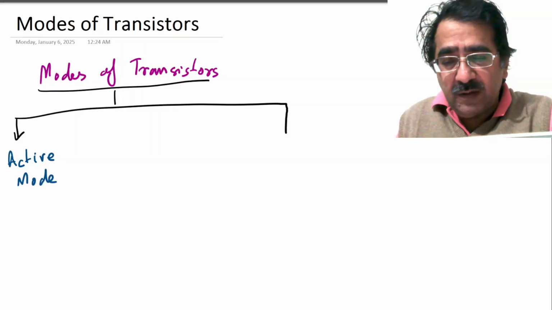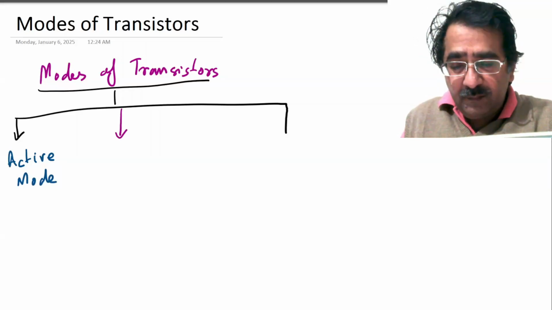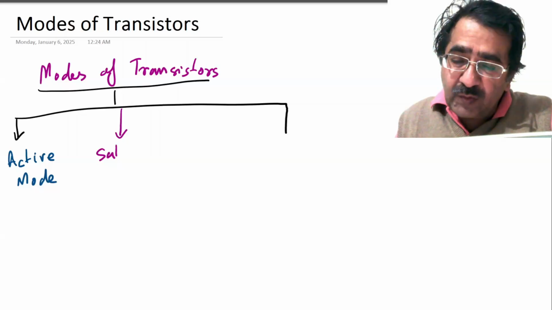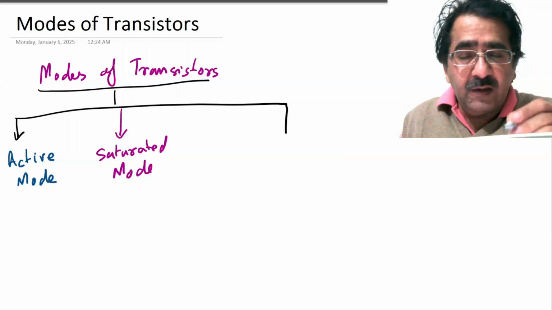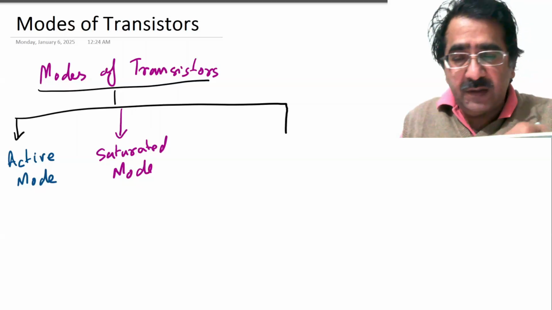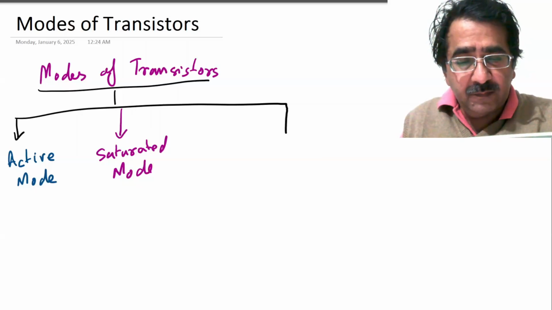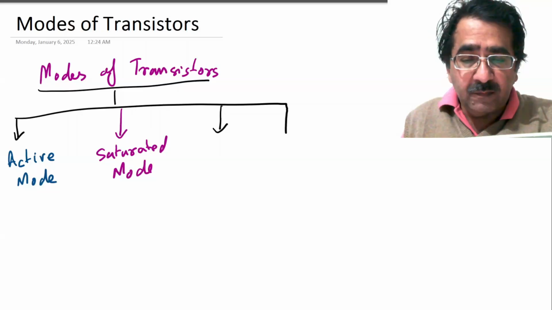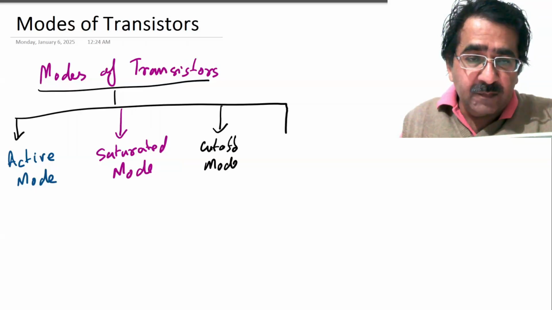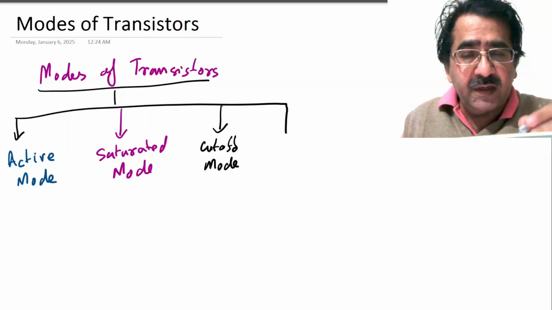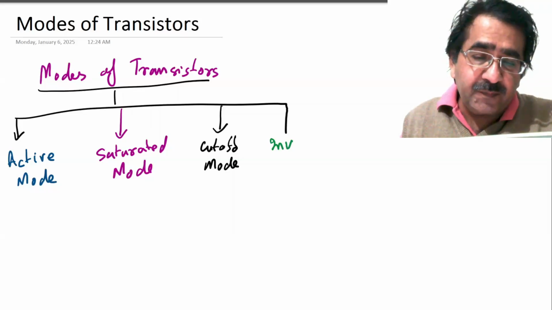The second one is defined as saturated mode, and the third mode of transistor is defined as cutoff mode, and the fourth is defined as inverted mode.